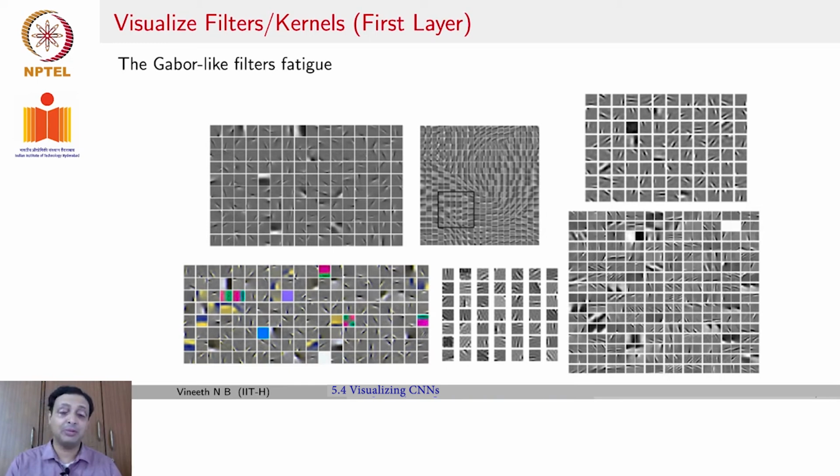You perhaps end up detecting different striations, checkerboard patterns, and so on, which is exactly what we see as the CNN learning on its own too. That's the reason why we call this entire visualization of the filters of the first convolutional layer a Gabor-like filter fatigue. By fatigue here, we just mean it's exactly the same across all of these models and datasets.